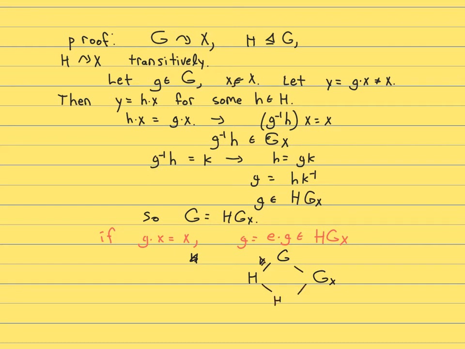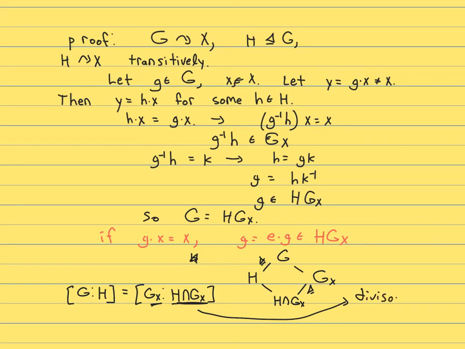There's this diamond isomorphism theorem that says we also have normality here, and moreover that the index of H in G is actually equal to the index of this intersection, which of course, since this intersection is a divisor of the stabilizer, this actually tells you something more that I didn't state in my version of the Frattini argument, but we will need for the other part, which is not only do we have this fact, but we also have that the index of H in G divides the size of the stabilizer.